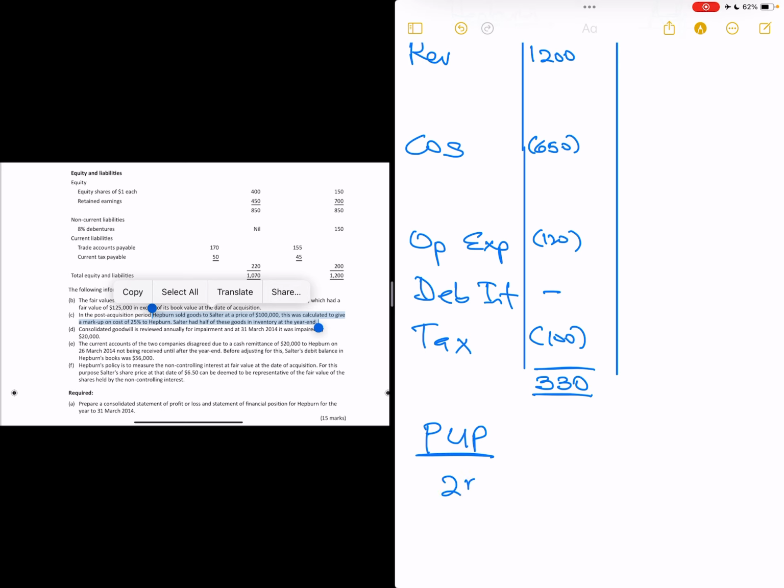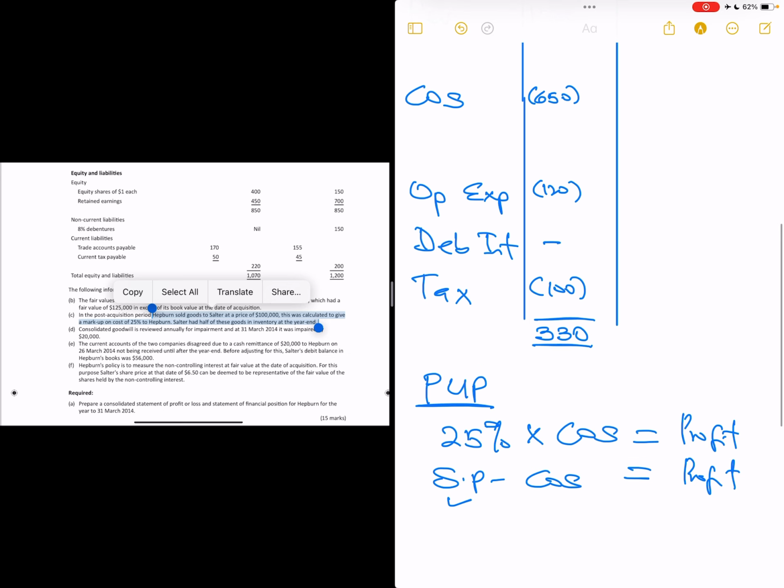Remember, markup is always 25% given, multiplied by the cost of sales equals the profit that we don't know. And likewise, the selling price minus cost of sale equals profit.